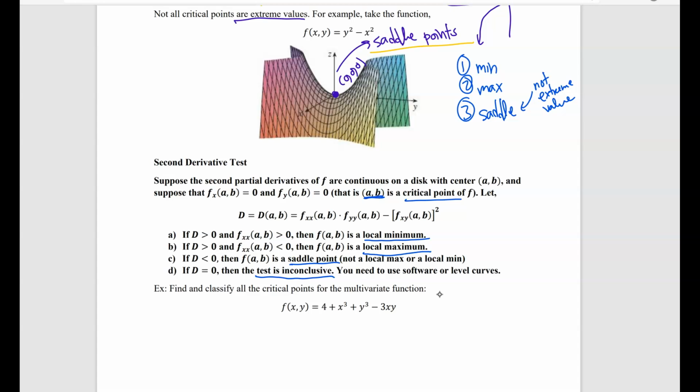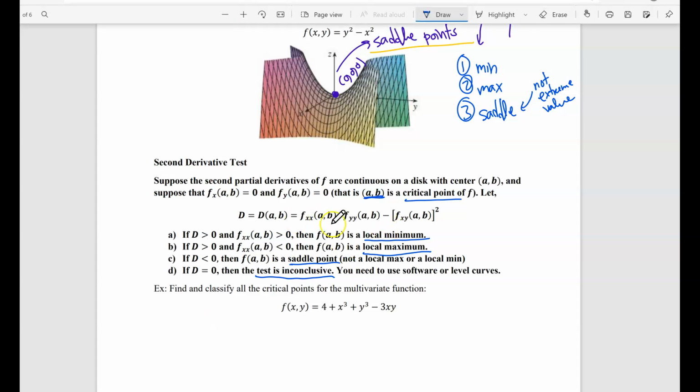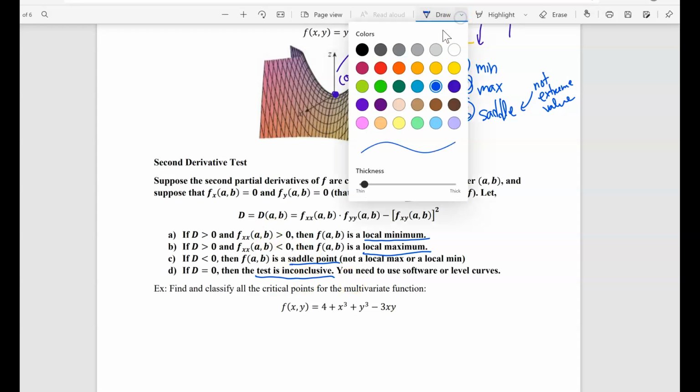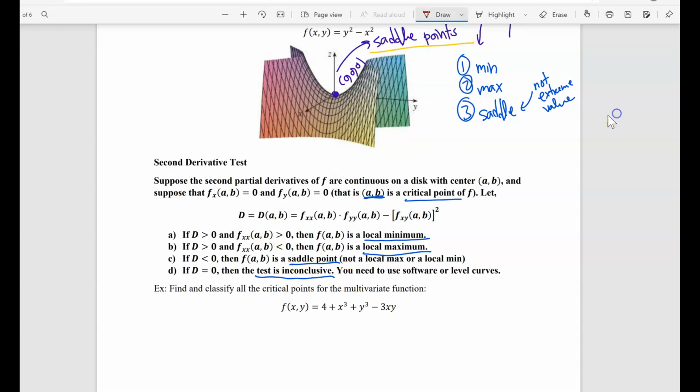All right, so this is the formula that's really going to help us figure out what it is. And notice that if you neglect the value of D, this is very similar to the way that we classified whether something was concave up or concave down.